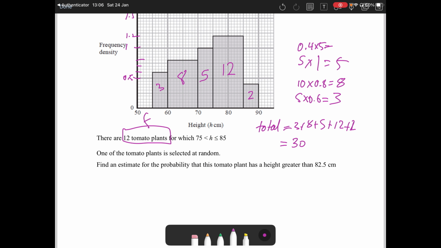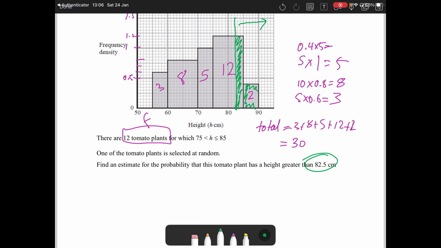Okay. Now the question says greater than 82.5. So looking at my histogram, 82.5 would be here. Greater than this. Well, we know this rectangle's 2, but we will need to estimate part of this second bar. Now, there's 2 ways to do this. You could say, oh, well, that's a quarter of my bar, so it's going to be 3, isn't it?